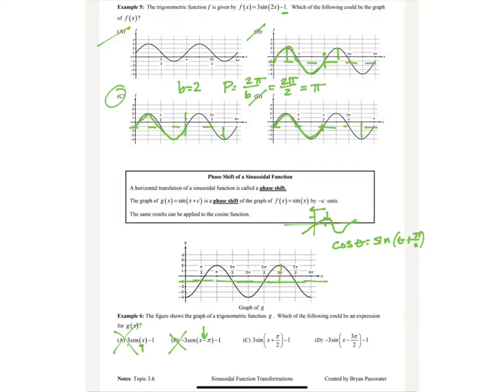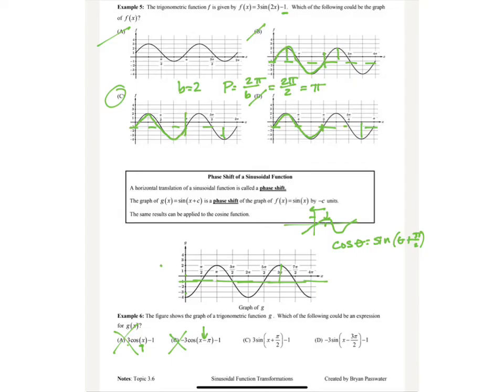Let's try C. C says it's a sine curve. Where does sine start? 0. Okay, so we're going to go through the same process. Starts at 0, supposed to be amplified by a factor of 3. So now it's just +3. Bump it down 1. +2. Now shift it to the left, pi over 2.